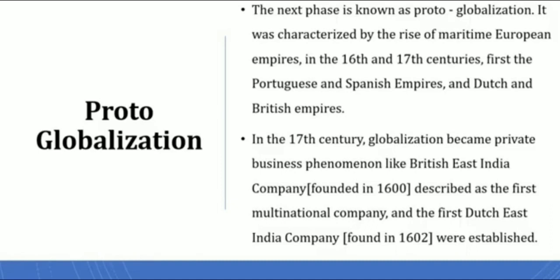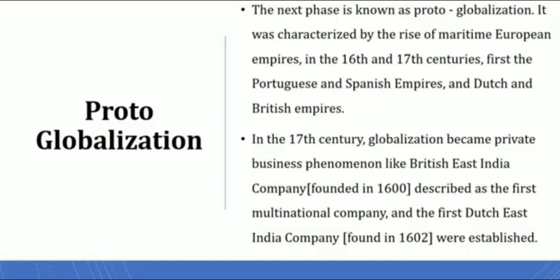So this globalization became a private business phenomenon like the British East India Company. When was the British East India Company founded? In 1600. So there is another onward question, which is the world's first multinational company? That is the British East India Company. It was started in India in 1600.